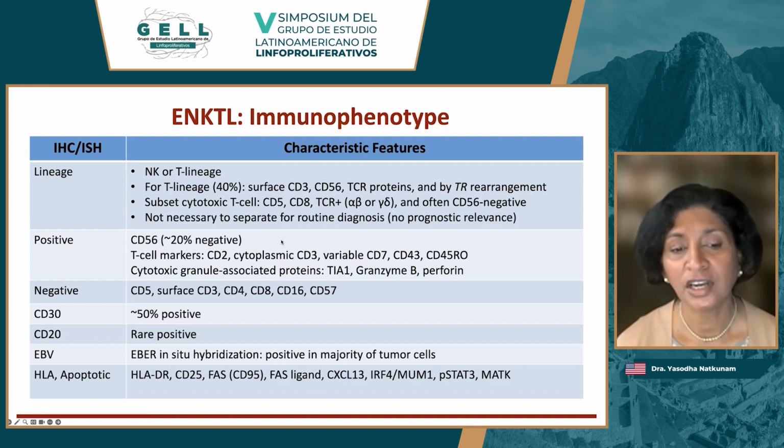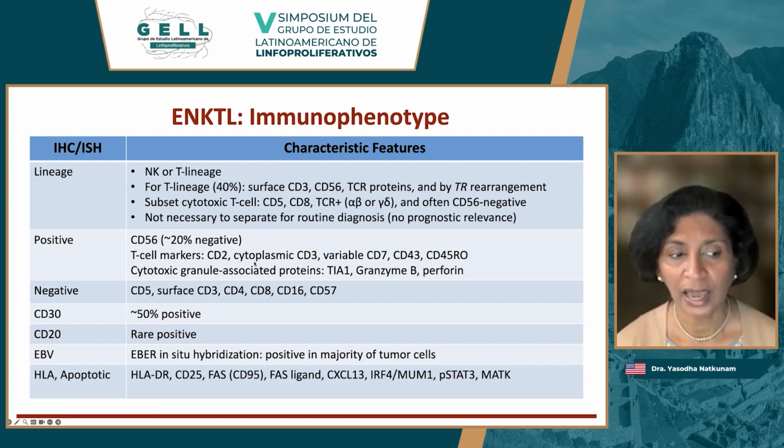So this is another area where caution needs to be applied, because if you have a tumor that otherwise fits, it's EBV positive, but is lacking or is only partially CD56 positive, that is still extranodal NK T-cell lymphoma. I've also given you a list of T-cell rearrangements in the NK lymphoma that is very typical.